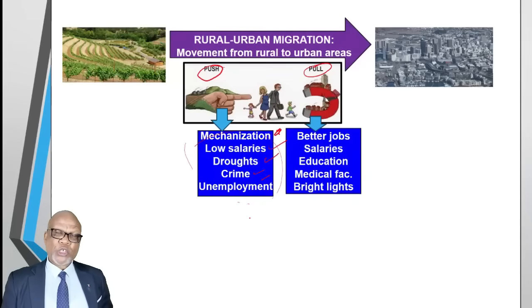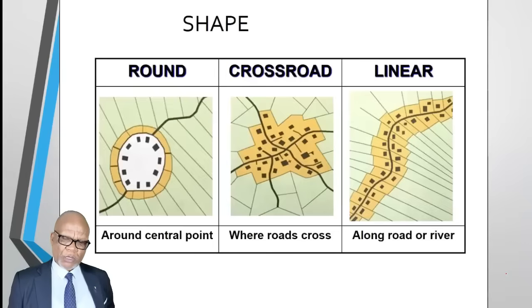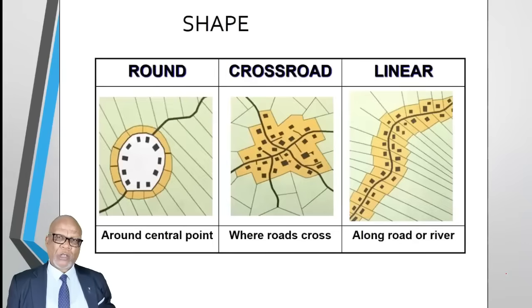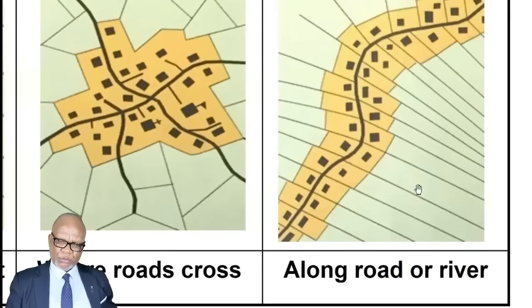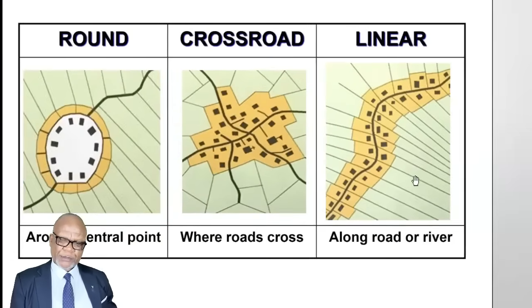Sometimes they ask you about economic factors that attracted people, or economic conditions, economic factors that drove people out. You must know, if it's economic, it will be less or lack of money, or lack of profit, something like that. So you must be careful when you answer those kinds of questions.